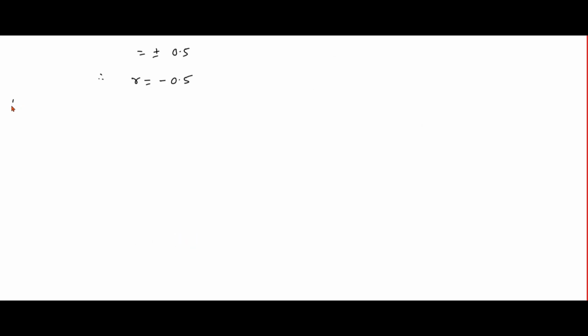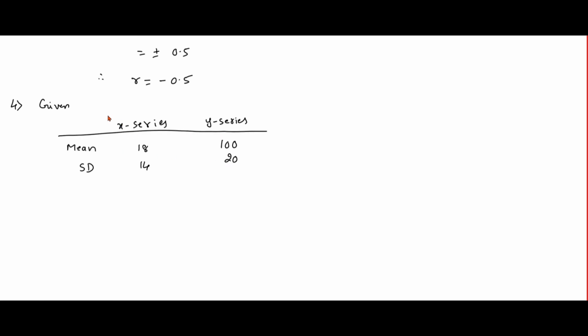The next question is: given mean, standard deviation. X series means x values. Y series means y values. The first value is 18, this is 100, this value is 14, this value is 20. And r is equal to 0.8.